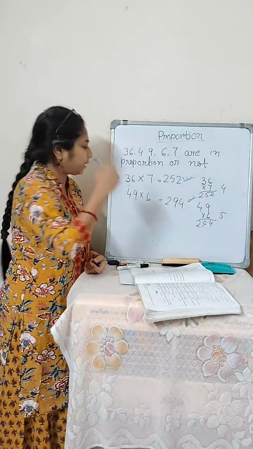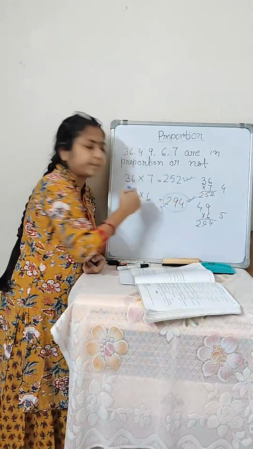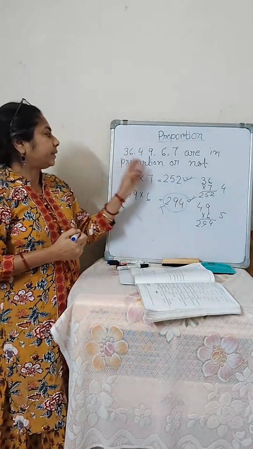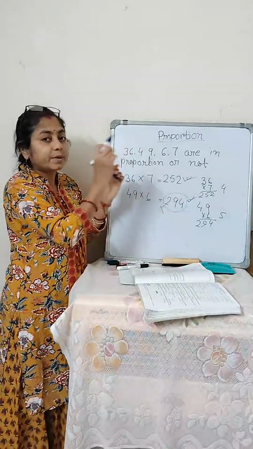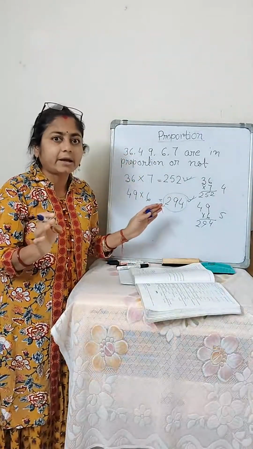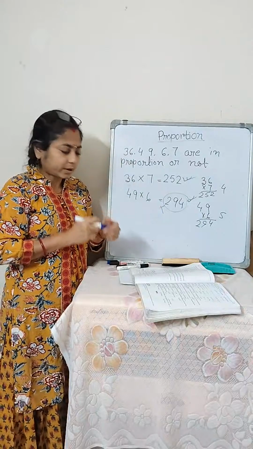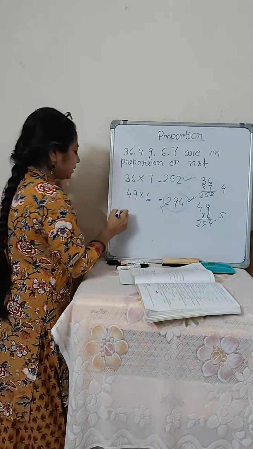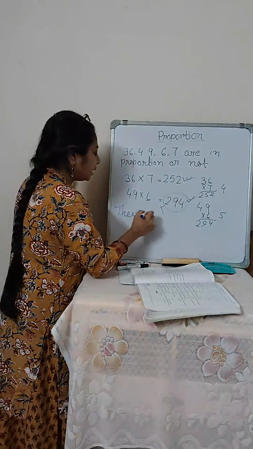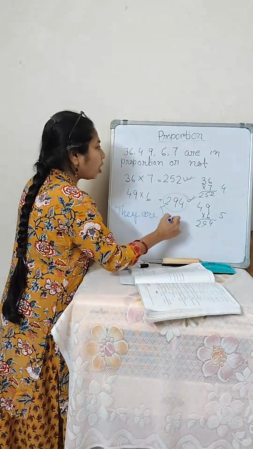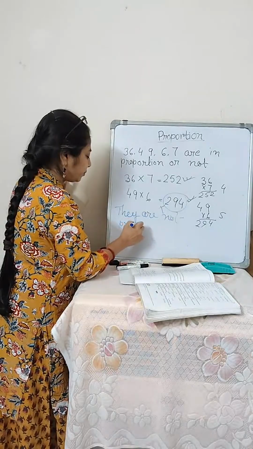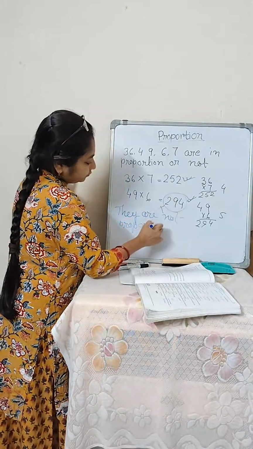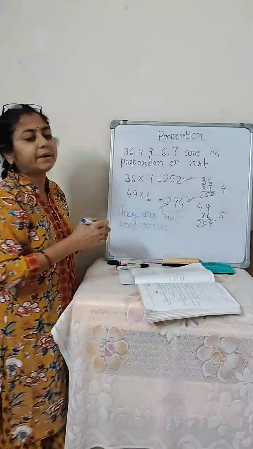But here they are not the same. So they are not in proportion. It means there will not be four dots. Clear? Okay. So I write they are not in proportion. Please complete the maths.